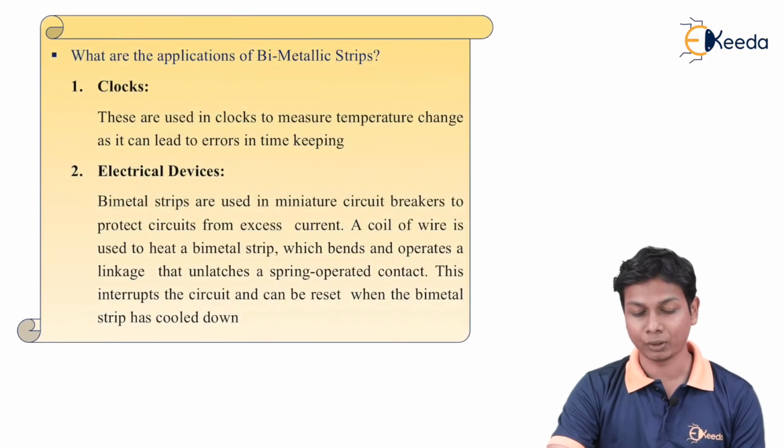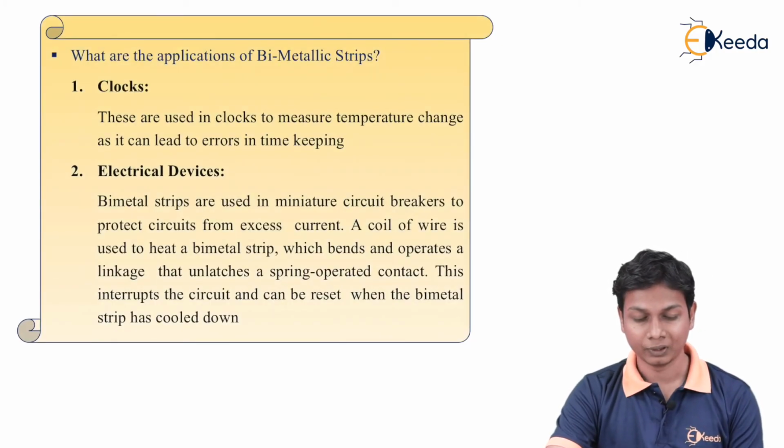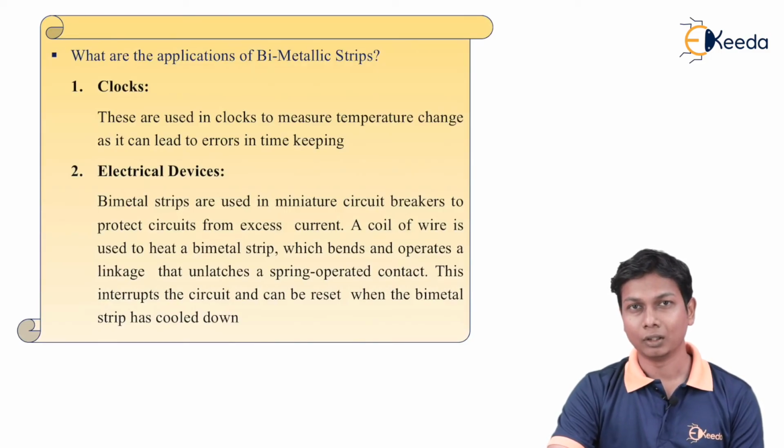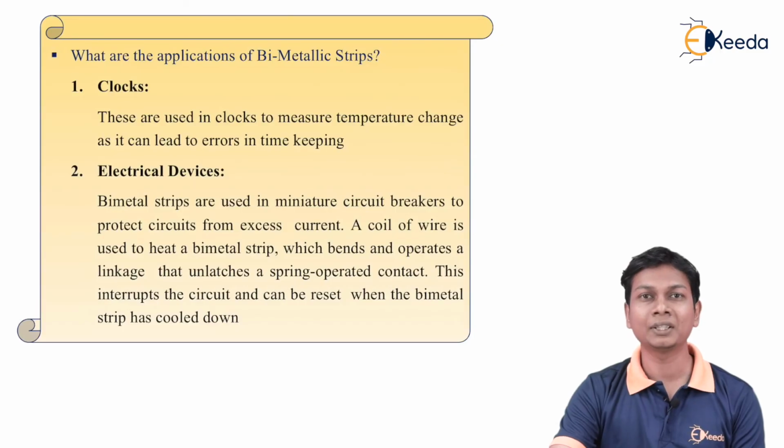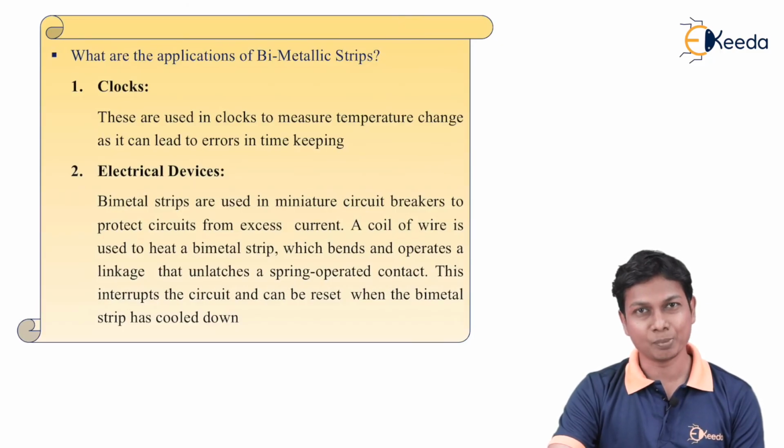Now, what are the applications of the bimetallic strip? It is basically used in clocks. They are used in clocks to measure the temperature change when it leads to errors in timekeeping. So there are clocks where time is calculated automatically, and temperature changes play a major role.